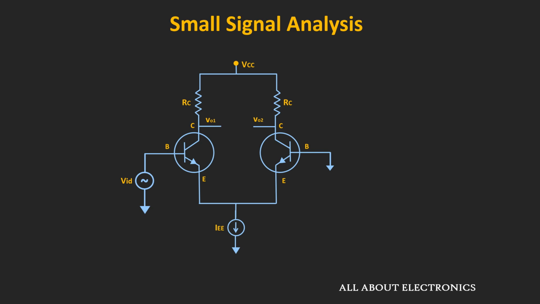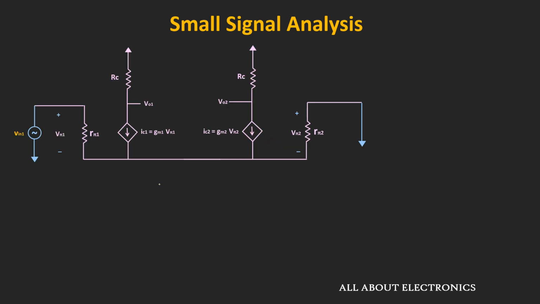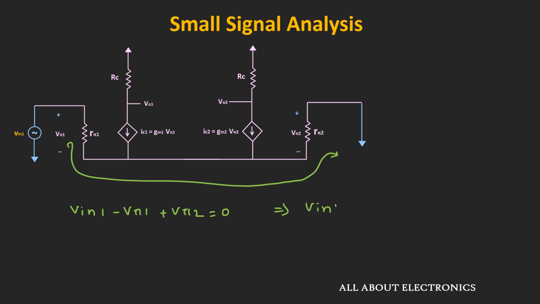So in this case, the small signal equivalent circuit will look like this. So once again, if we apply the KVL in this outer loop, then we can write V in 1 minus V pi 1 plus V pi 2 is equal to 0. Or we can say that V in 1 is equal to V pi 1 minus V pi 2.